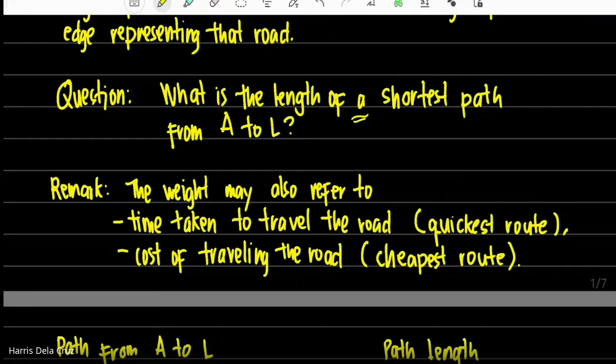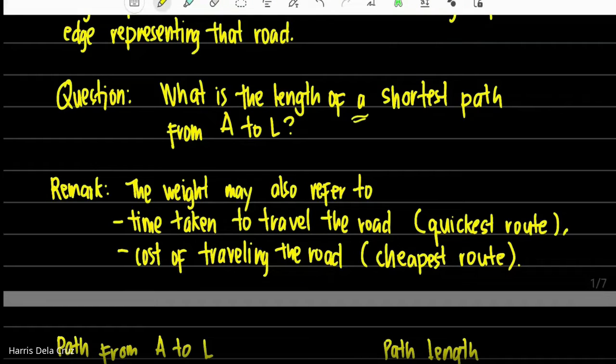For example, kung you're driving your own car, magkano gagastusin mo? Or if you're taking a jeepney route or an MRT route, so depende dun sa gagamitin mong form of transportation. So it will give you different cost of traveling from one town to another or from one point to another. So those are the possible weights that we can have dun sa graph.